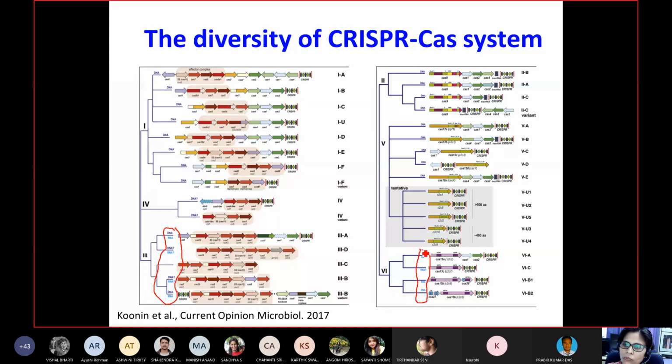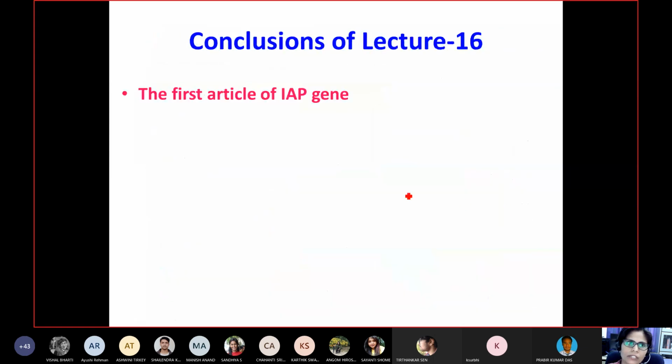So if you know the whole CRISPR biology of the current systems, then one can use this mechanism for your own benefit, like how you can target specific RNA, or how you can target a specific target site.